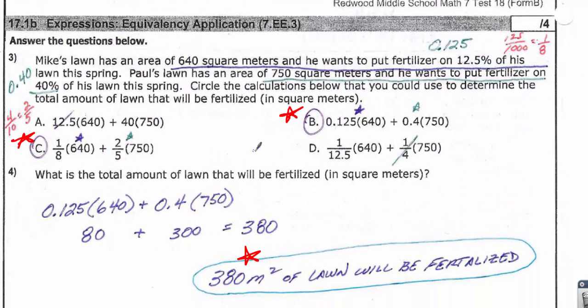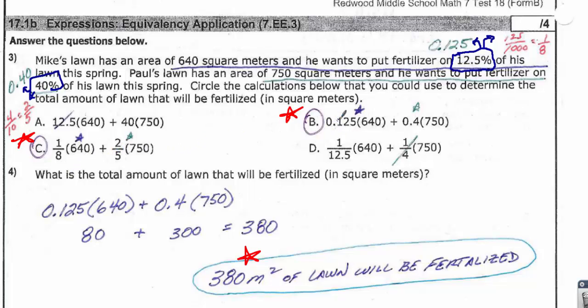3 is one of these problems where we have to change the percentage right here into both a decimal and a fraction. So we do that with both. Here's the 40% changed into both a decimal and a fraction. And then we match up which fit.